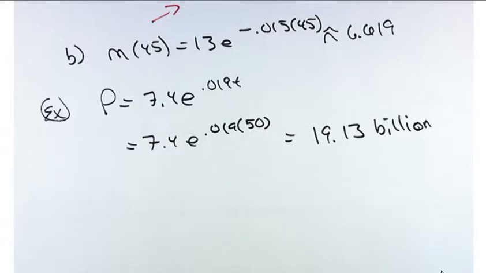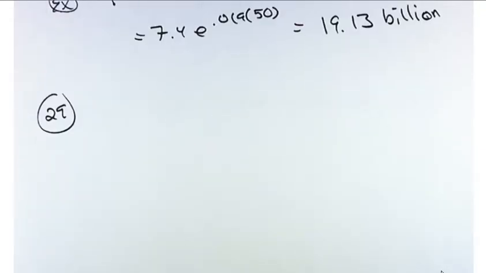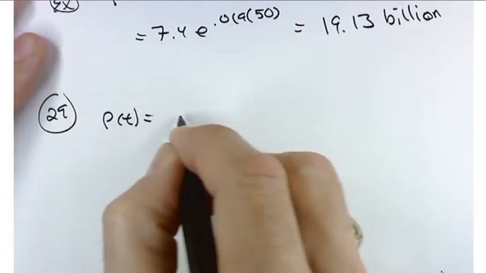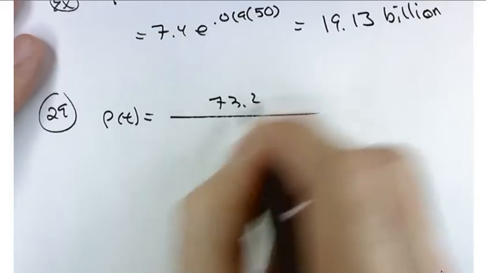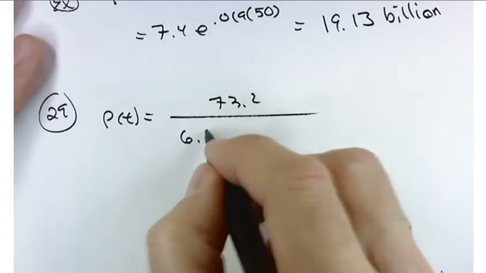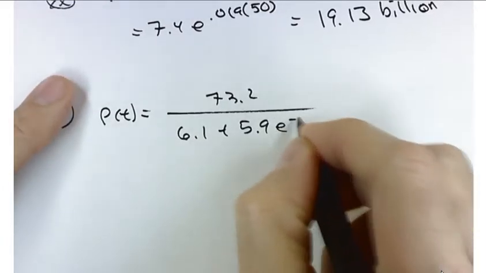So let's look at problem number 29. And it gives you what's called a logistic model. And that is P of T is 73.2 divided by 6.1 plus 5.9 e to the negative 0.02 t.